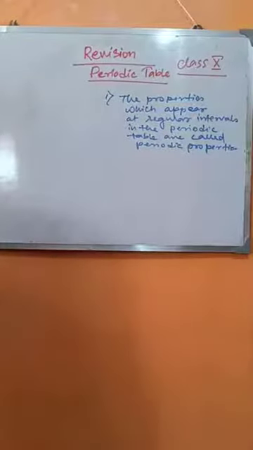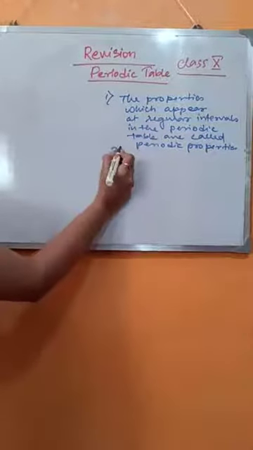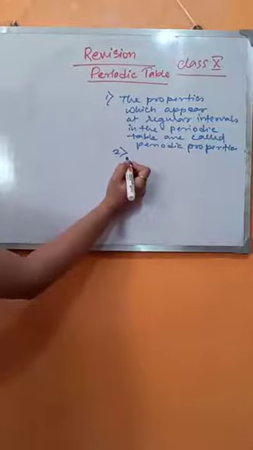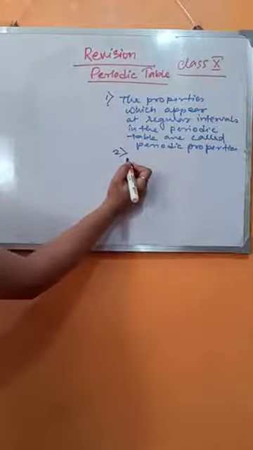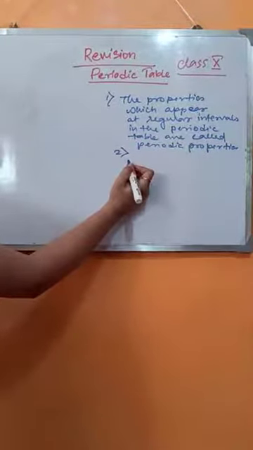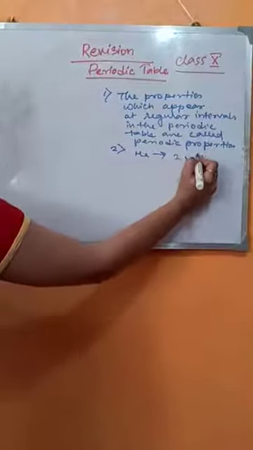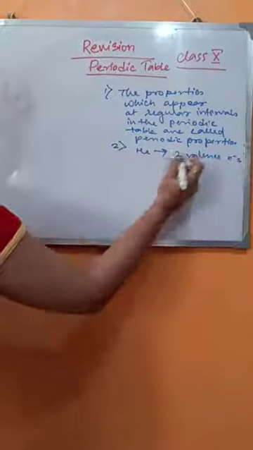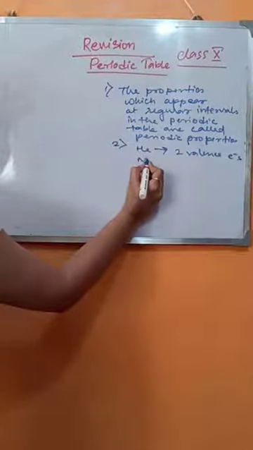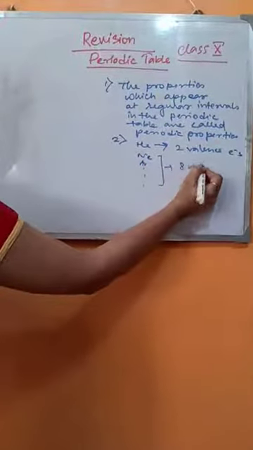Okay. Your next question is, this is a direct question, so it is there in the book also. Why neon has a larger atomic size than fluorine? So, neon has a larger atomic size because all the noble gases have a complete valence shell configuration. Helium has 2 valence electrons and the other noble gases, neon, argon, all have 8 valence electrons.